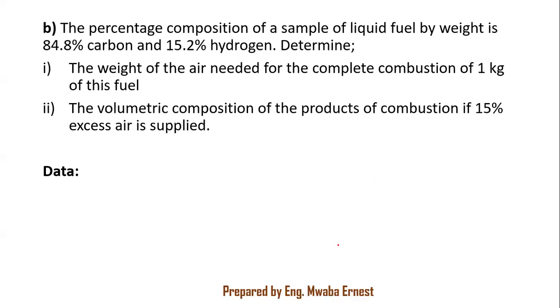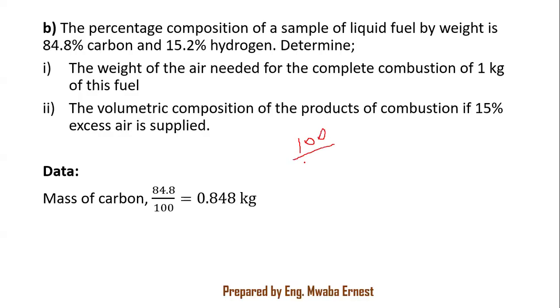100% is 100 over 100. When we say 100 over 100, 100 divided by 100, if you cancel this, it means I'm dealing with 1 kg. The same one mentioned there in part 1.